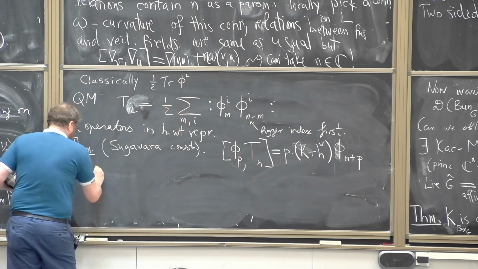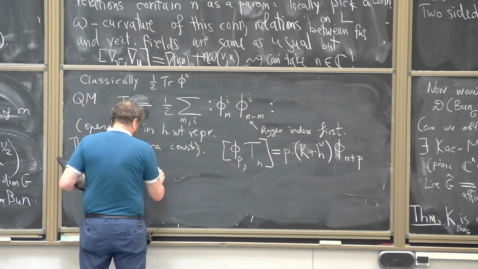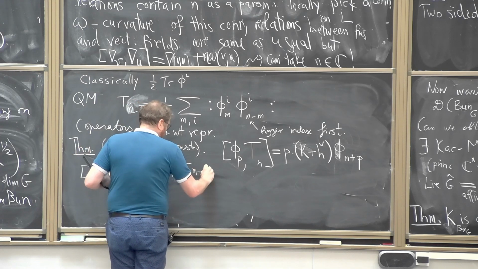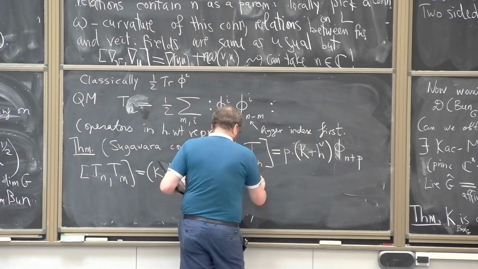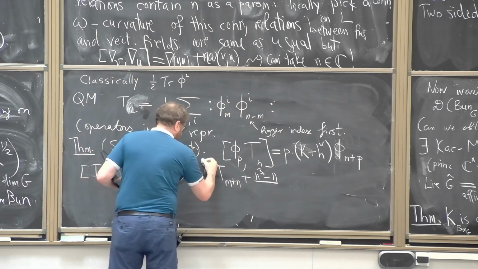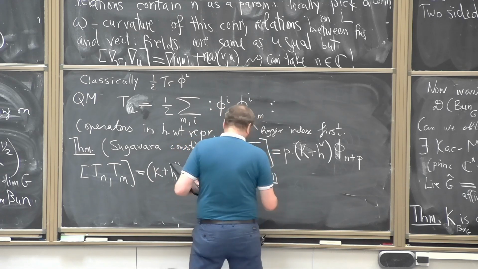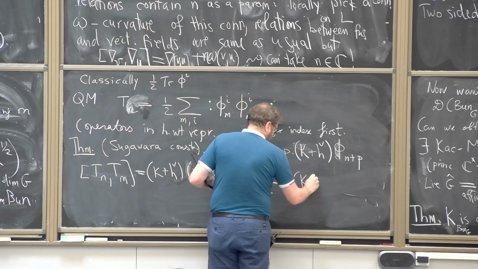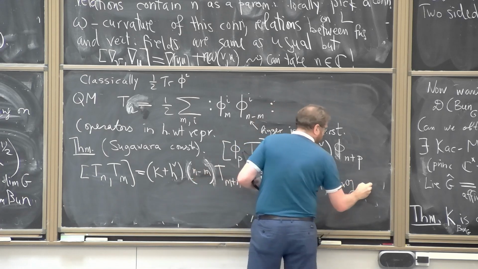And also you can compute T_n with T_m, and then this is equal to (k plus h check) (n minus m) T_(m+n) plus n cubed k dimension of G over 12 delta_(n plus m, 0) plus H check.